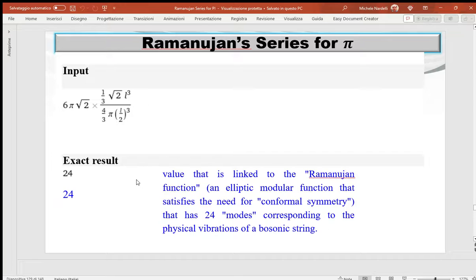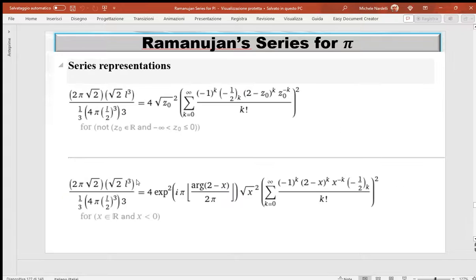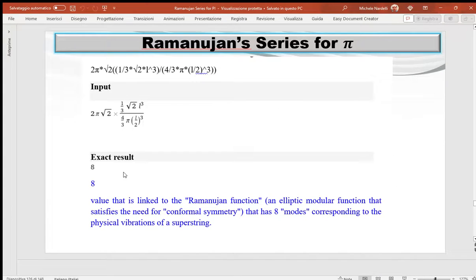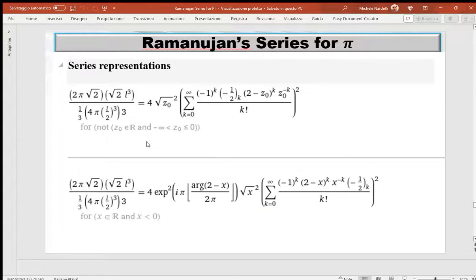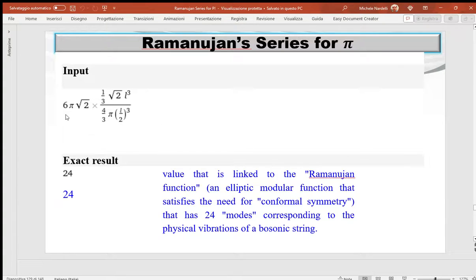We obtain 8 from this formula and 24 from this formula. 8 and 24, that is respectively 8, the modes corresponding to the physical vibration of a superstring, and 24, the modes corresponding to the physical vibration of a bosonic string.